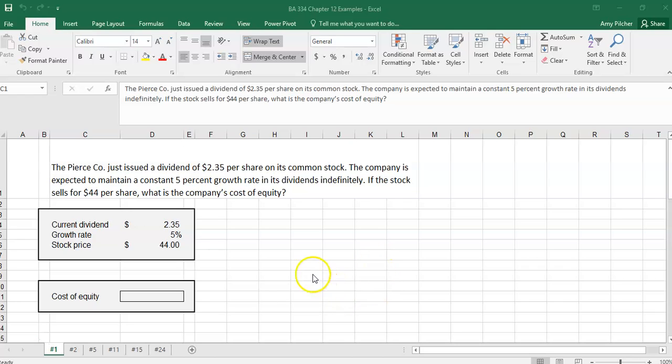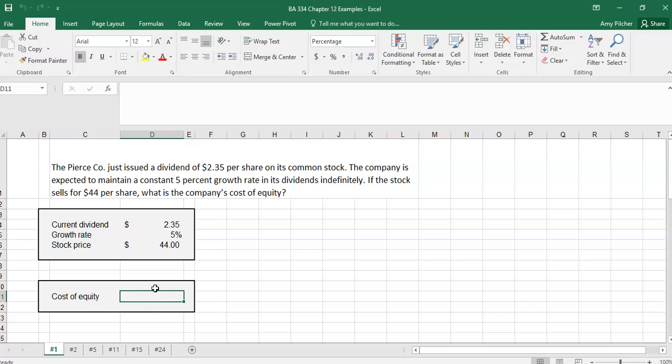So when we're looking at that dividend growth model, we have information here about the current dividend, the growth rate, and the current stock price. Remember, when we use our equations and formula, we have to add extra parentheses. So we're going to start off with 3 parentheses. We have the current dividend times 1 plus the growth rate.